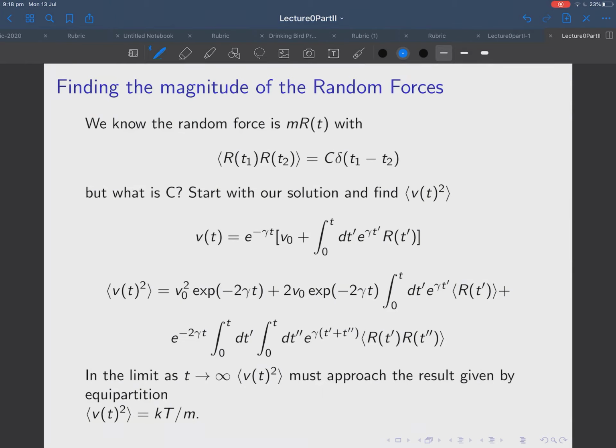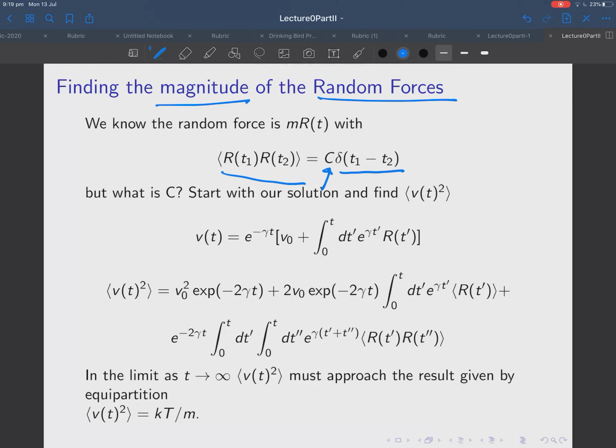So let's try and use that to find the magnitude of the random forces, because I really haven't told you anything about how big these random forces are. Now we know the random force is m R of t, and we also know for random forces, something which I didn't emphasize before, that the correlation function between the random forces at times t1 and t2, the average, is given by some constant c times delta of t1 minus t2.